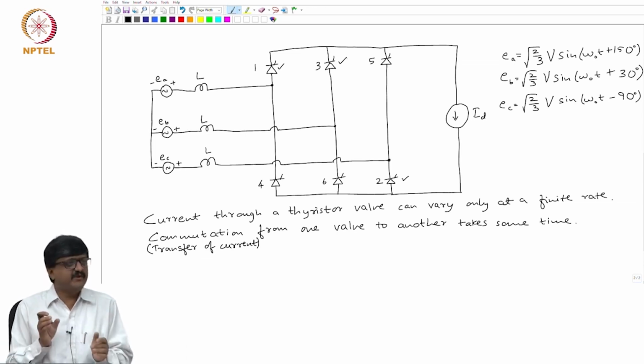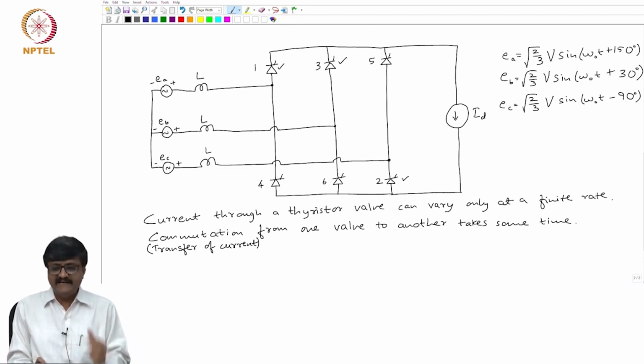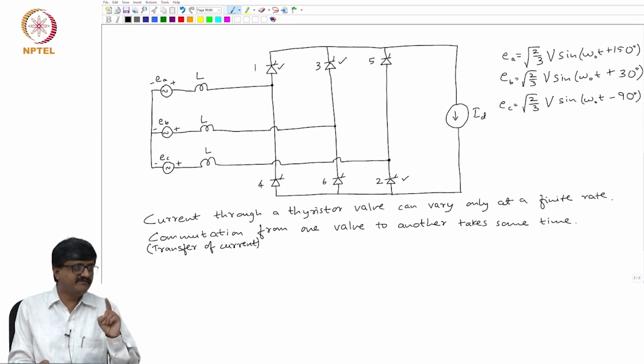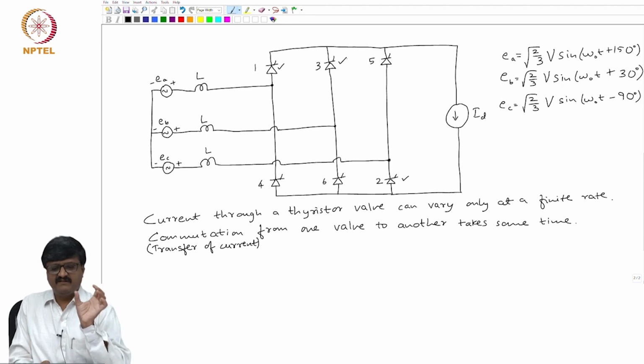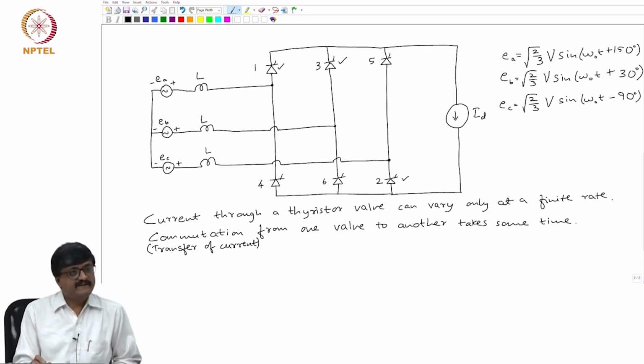That means there is a certain duration for which both valve 1 and valve 3 are conducting. Now, this is different from the previous case where, if you take any basic commutation group, only one of the valves conducts at any instant. Now, we have a situation where there are some instants at which two valves conduct. So, for a certain duration both 1 and 3 conduct.